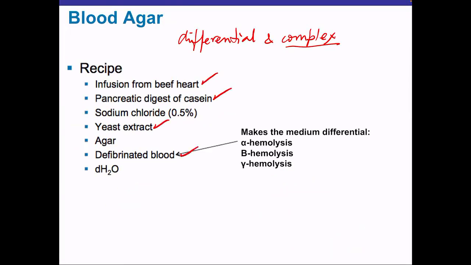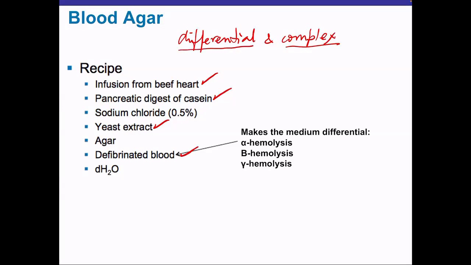are examples of complex ingredients. In each of them, we don't know exactly the composition of all the molecules that are part of that ingredient. So for that very reason, we consider this a very complex medium. Now, in terms of being selective or differential, this one in particular is only differential.